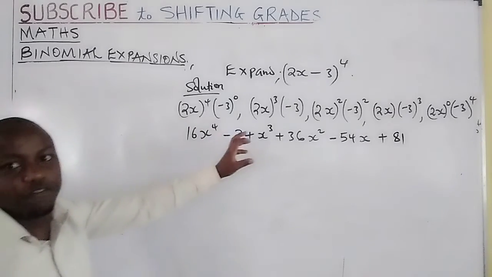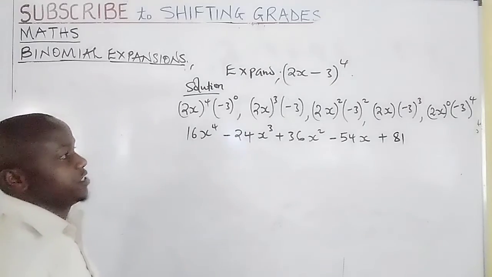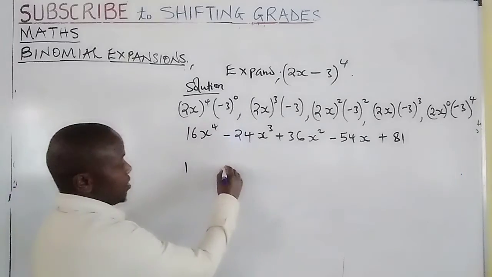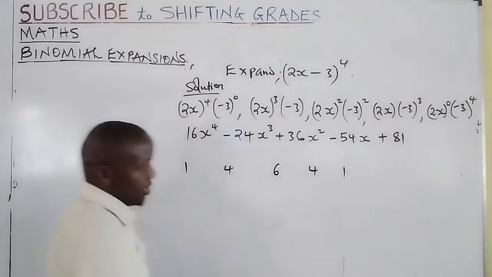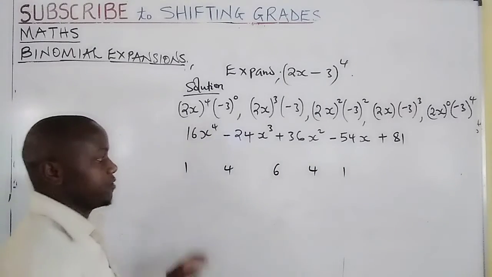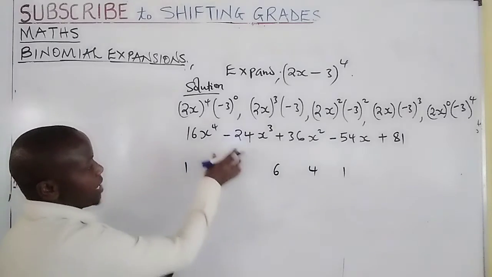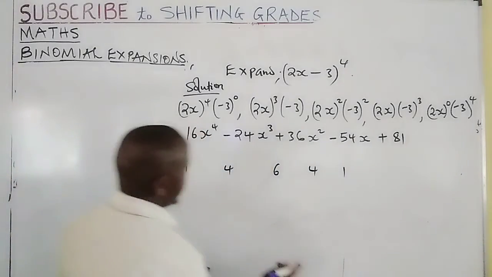And the coefficients of 4 are 1, 4, 6, 4, 1. Therefore, we insert them in the expanded form.